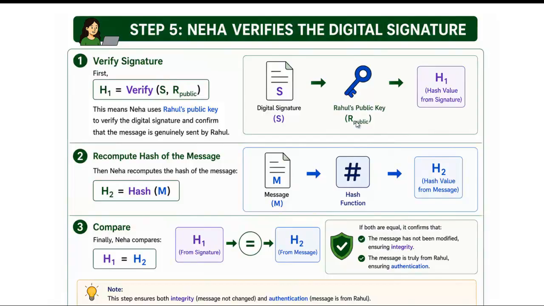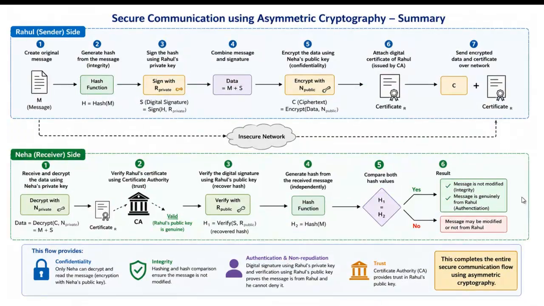Now let's summarize everything. First, Rahul creates the original message. Then Rahul generates a hash from the message to ensure integrity. After that, Rahul signs the hash using his private key to create the digital signature. In simple terms, the signed hash becomes the digital signature.